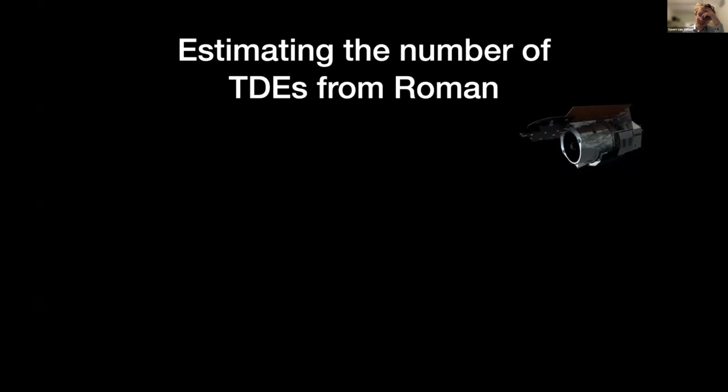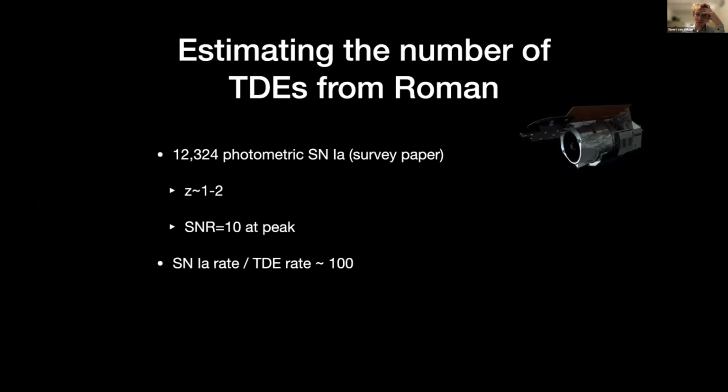Yeah, good question. So this is single epoch depth, because that's how these numbers are estimated for actually being able to do light curve classification. So to answer that question, you have to figure out how easily you can still do photometric classification when you start stacking.